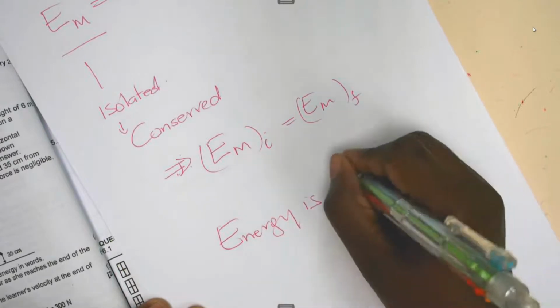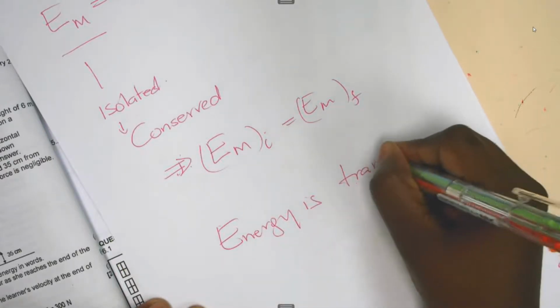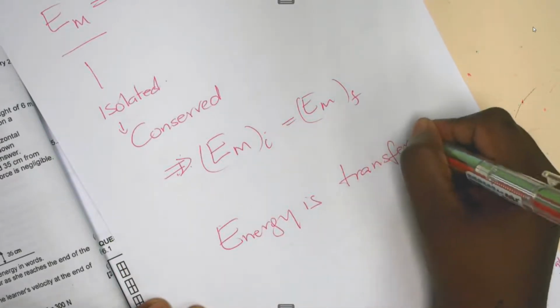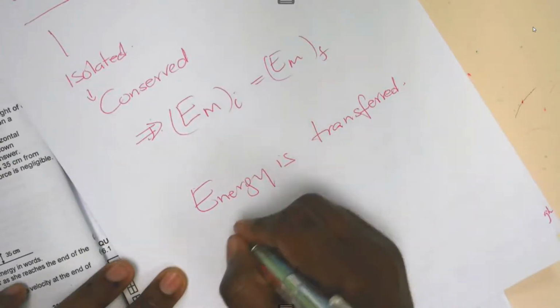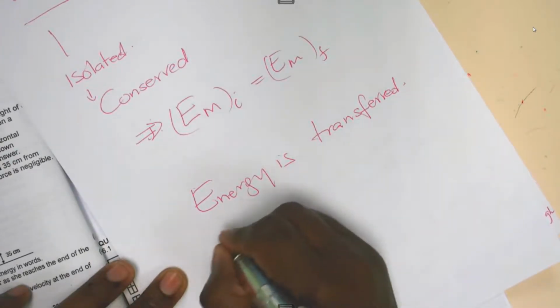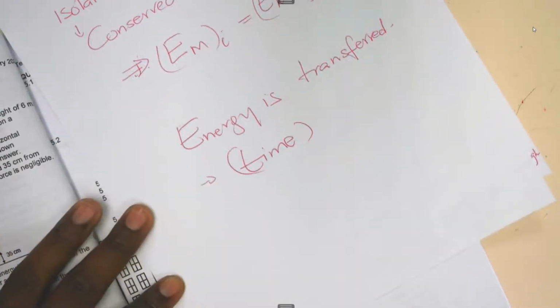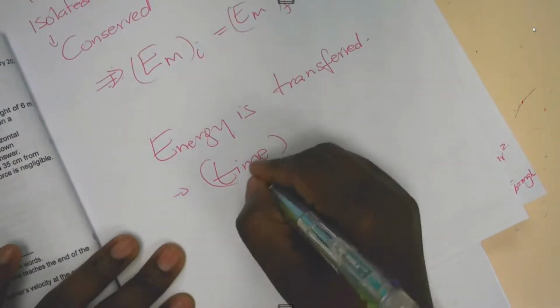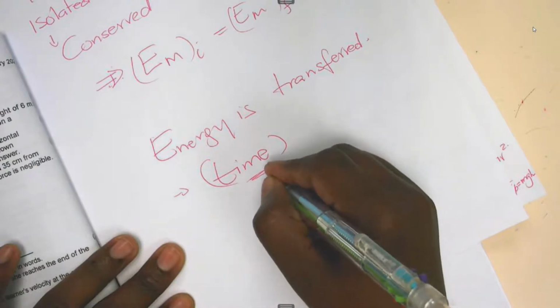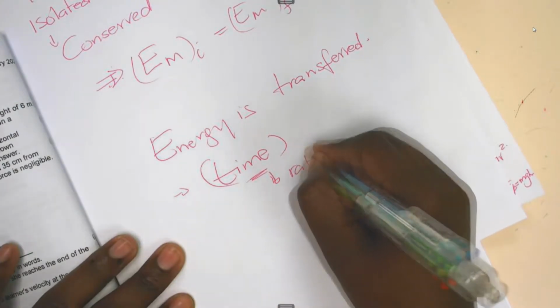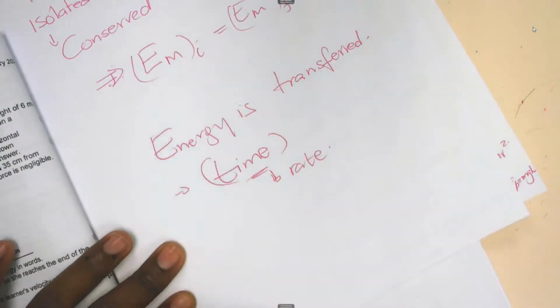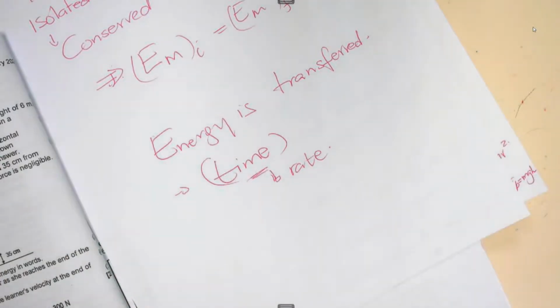Now, when energy is transferred, that means it will take a certain amount of time. So with time, we always say rate. When you see rate, you must know the time or period over which something is happening.